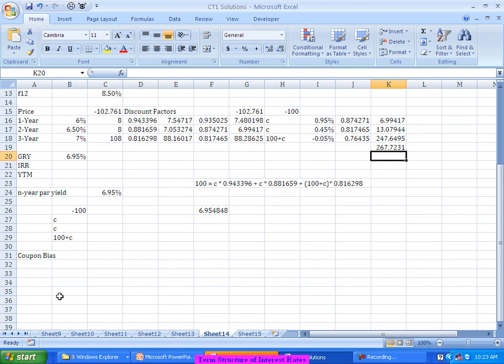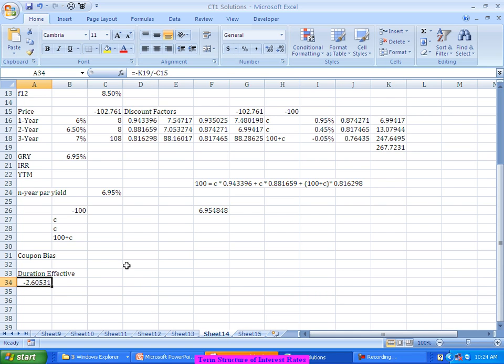So the effective duration is nothing but minus of 267.72 divided by the original price, which happened to be 102. So this is coming out to minus 2.6.